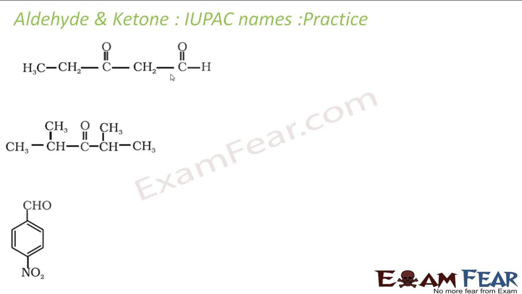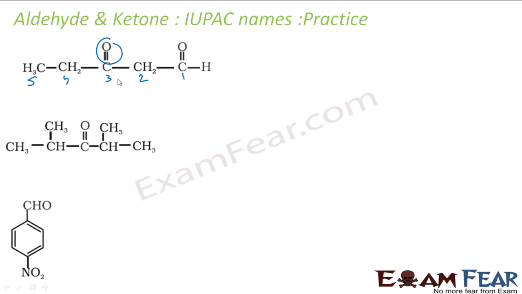Let's take some more. So in this case also we have to write the IUPAC name. So let's number it 1, 2, 3, 4, 5. If you see, at 3 I have a carbonyl group. Here also I have a carbonyl group. Here also I have one carbonyl group. So I'll take this as the primary one.